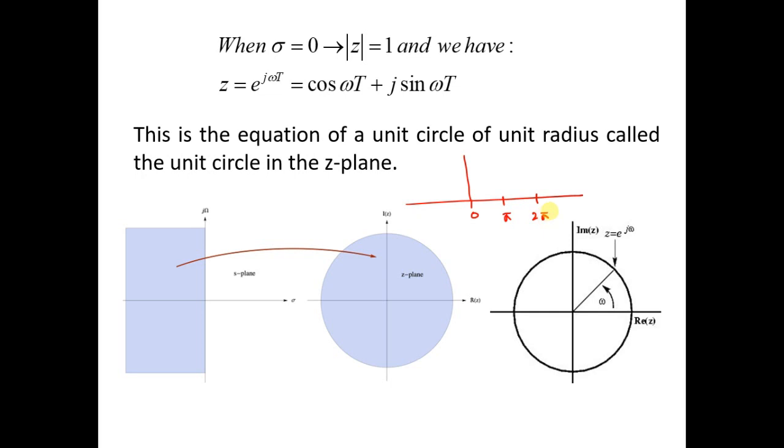So we are having only this 0 to 2 pi components. If your frequency component lies between 0 and pi, what happens? These frequency components also replicate in the pi to 2 pi region. Why?